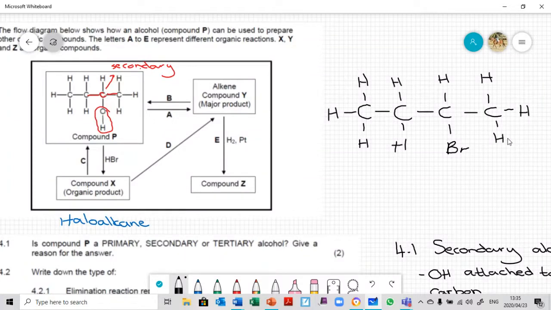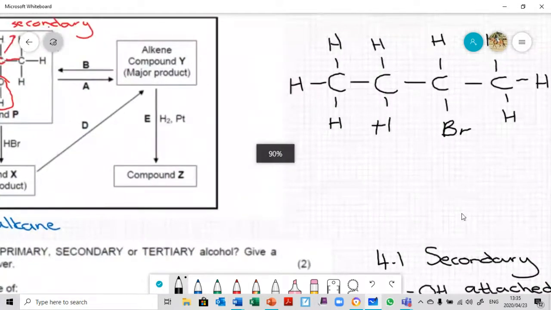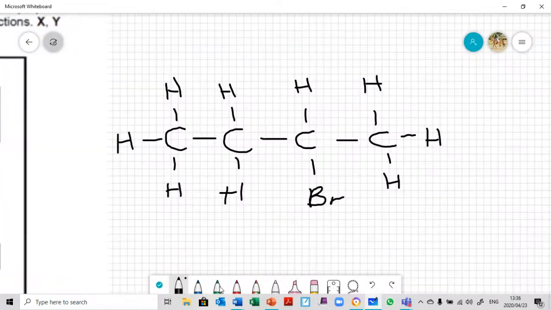I still want an H stand. Okay. So now I know what compound X looks like. And now I can go and figure out compound X's IUPAC name.